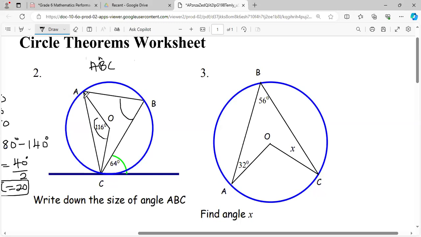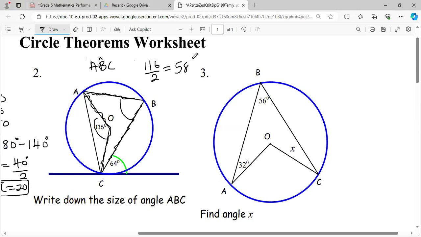See it? Look at the shape here. Focus on this alone, then you would see. You never need the 64 at all. So angle at the center is twice the angle, so all we have to do is divide it by 2, which will give us 58 degrees.